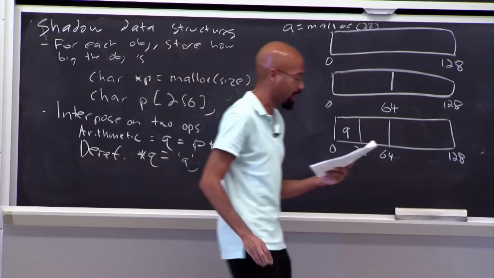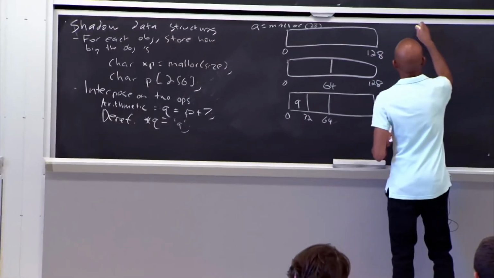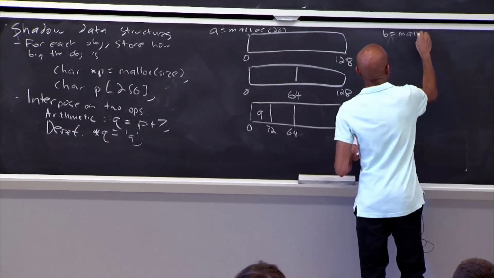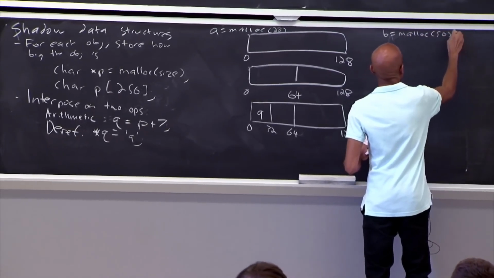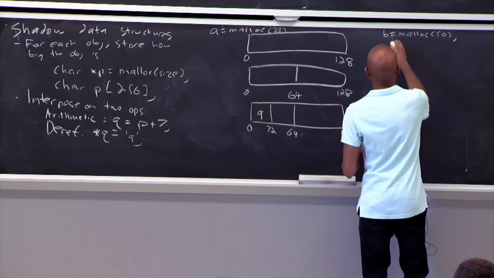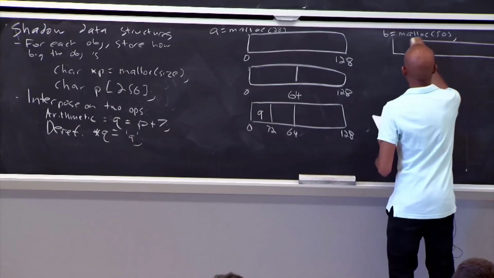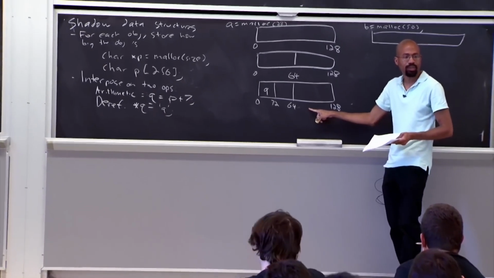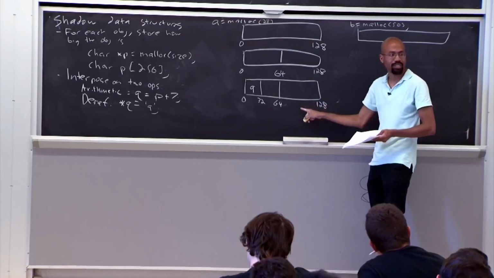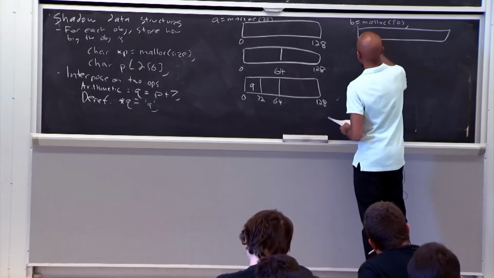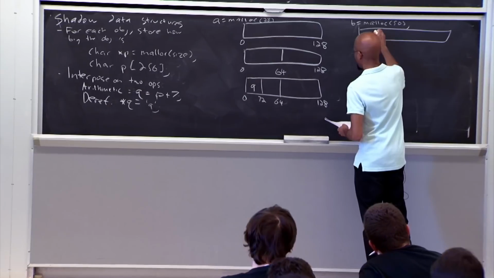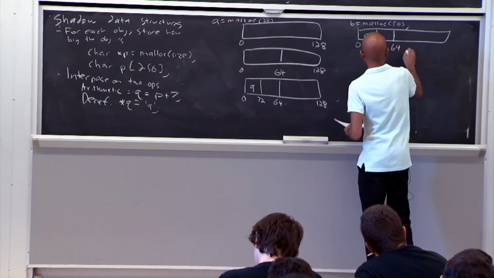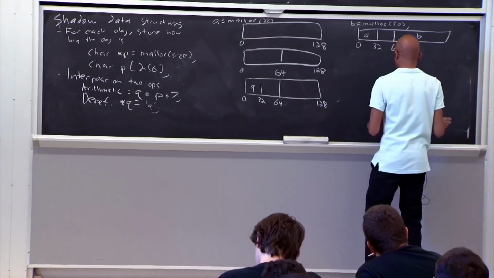Now, let's say that we have another request that comes in for B, and let's say that we want a malloc 50. So the buddy allocator will say, OK, I actually have a block here that's big enough. 50 is greater than half the size of this thing, so I'll just allocate that right there. So we have the setup where A is here, and then we have B here.